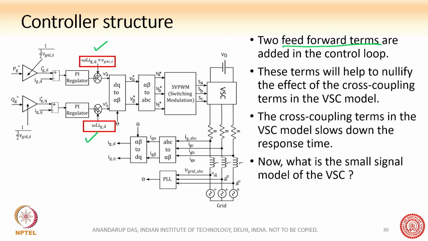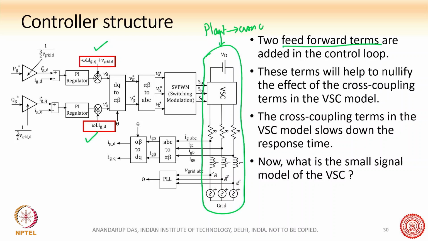Remember, in the plant, so here is the plant, this plant had a cross coupling term. If you remember, we just derived this one. Inside the plant there is a cross coupling term, and it is inside the plant, so we can't do anything about it.